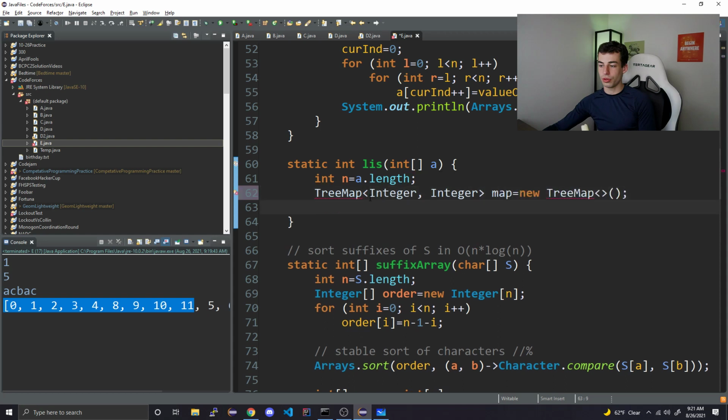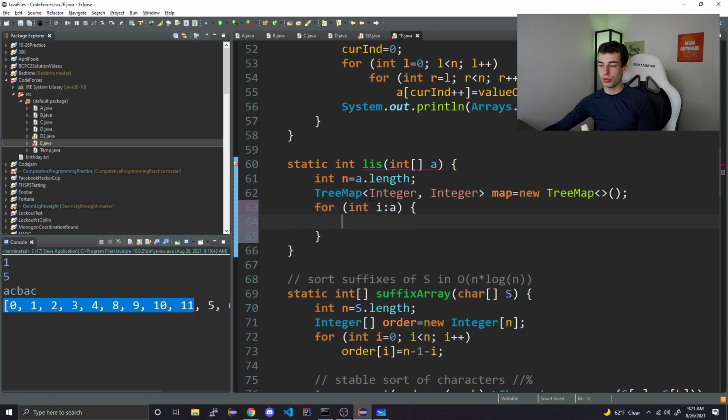We're gonna get roasted for this log factor. That's gonna be brutal. I'm not excited about that. You can do it with just a tree map. So for int I and A, int build off equals map.get. Okay, so map.lower entry at I.